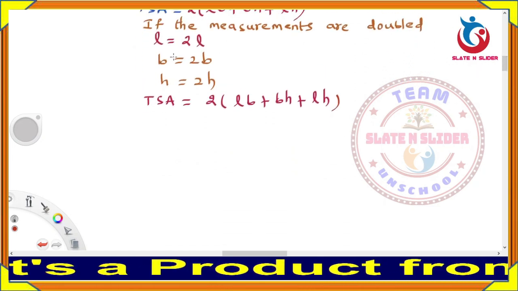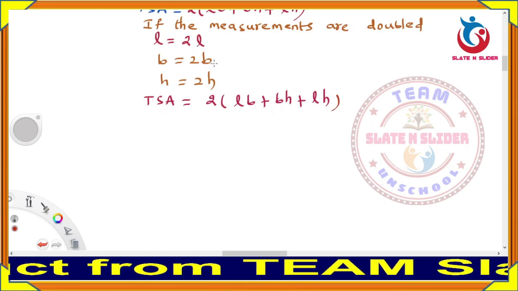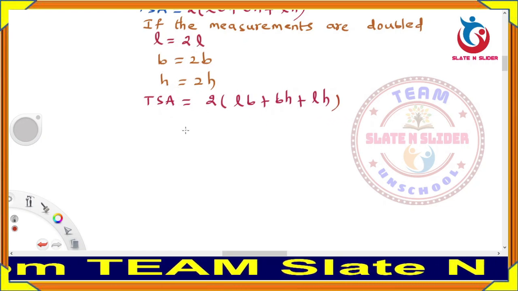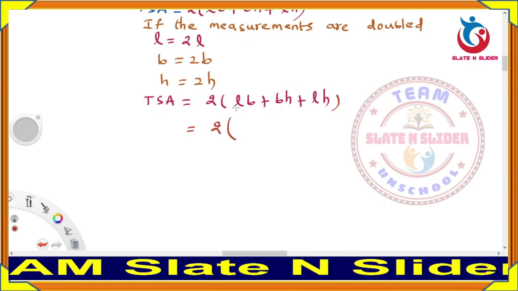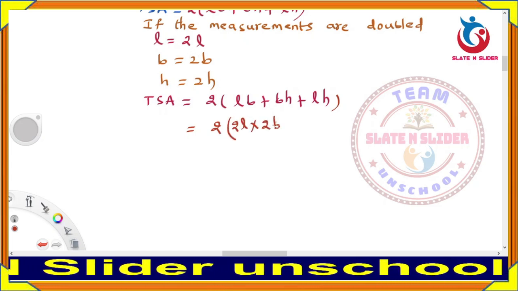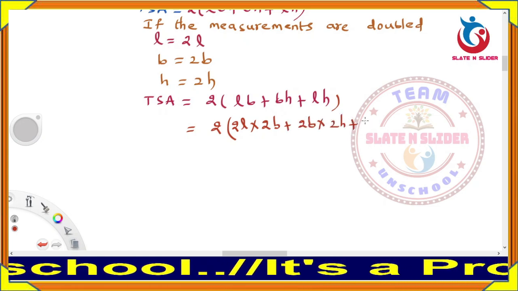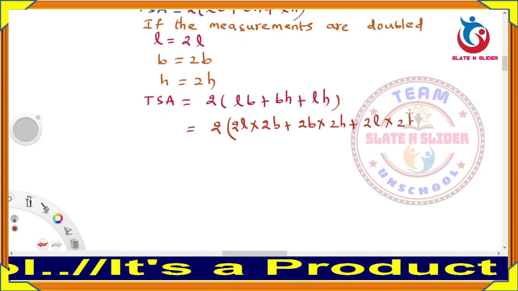Actually the new measurements are, instead of L we have to substitute 2L, instead of B we have to substitute 2B and H for 2H. So, 2 of L length is 2L, because it was doubled, 2L into 2B plus 2B into 2H plus 2L into 2H.